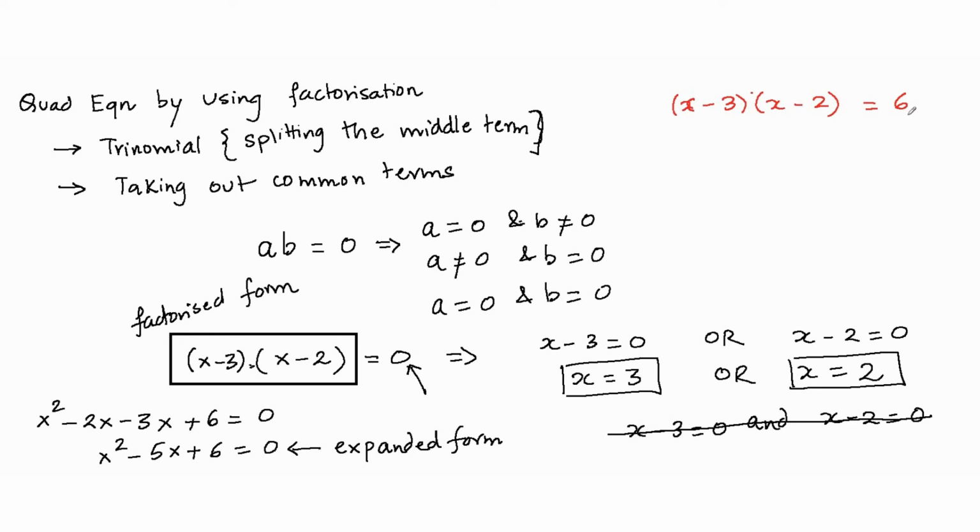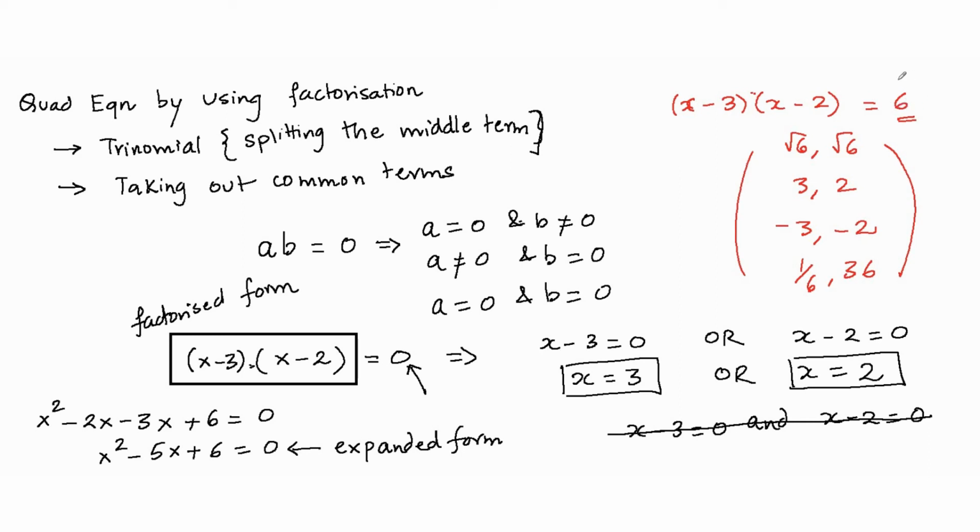Because there are infinite combinations of two numbers whose product is equal to 6. Maybe both the numbers are root 6 and root 6, or maybe the two numbers are 3 and 2, or minus 3 and minus 2, or 1/6 and 36, right? There are so many combinations of getting the product of two terms equal to 6.